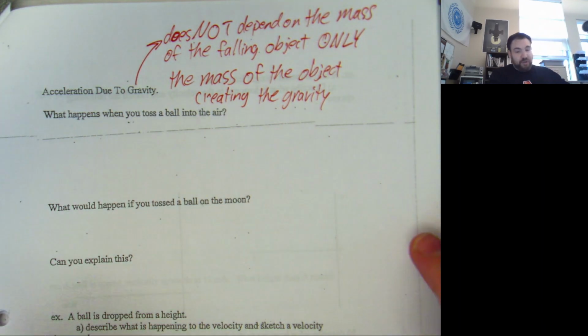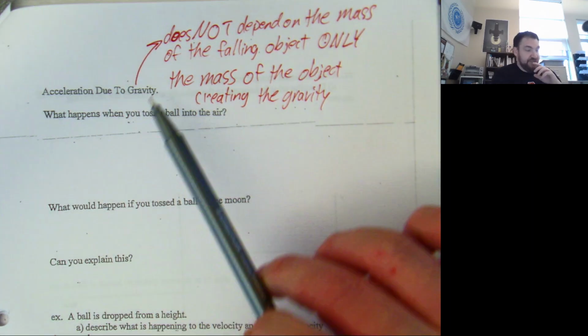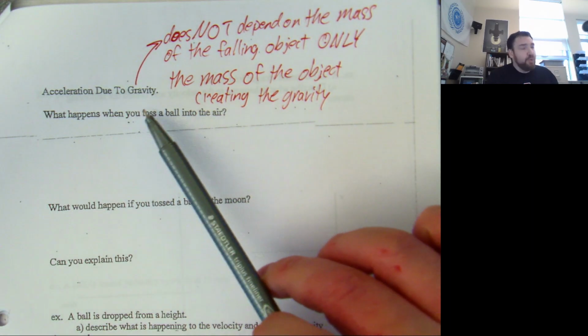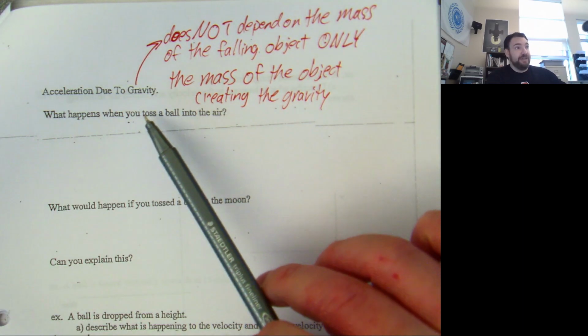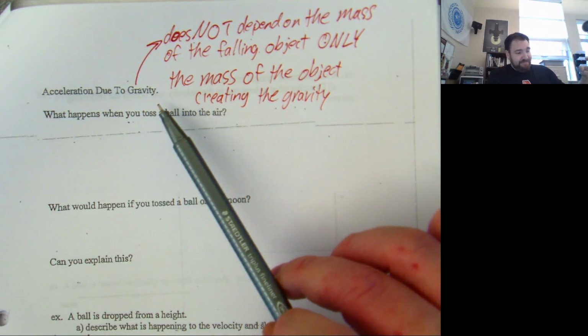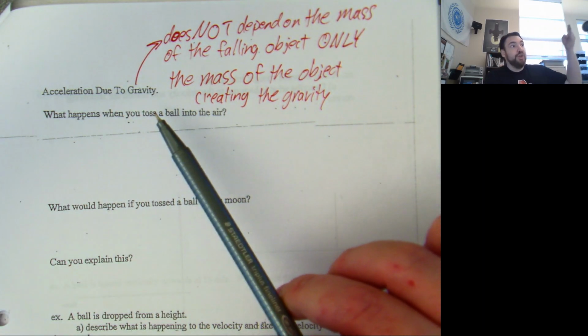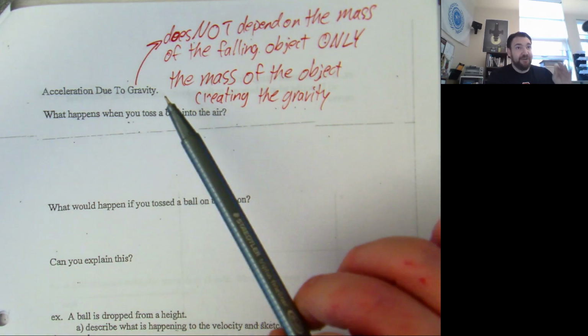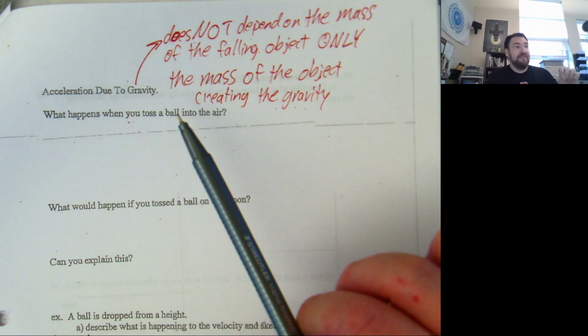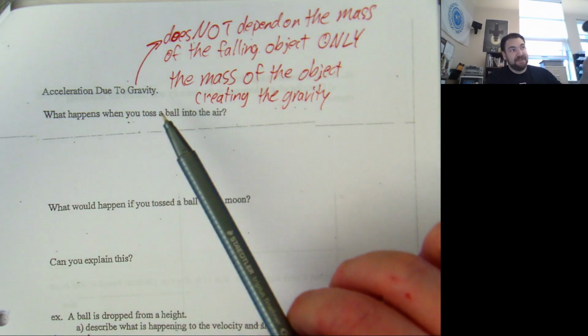So Earth has a value for the acceleration due to gravity. The moon has a different value. The sun has a different value. You have a value for an acceleration due to gravity because you have mass.